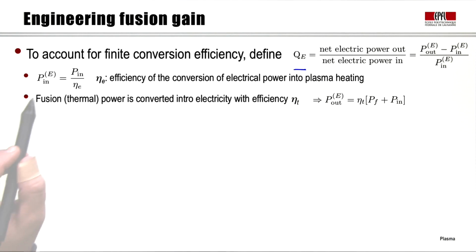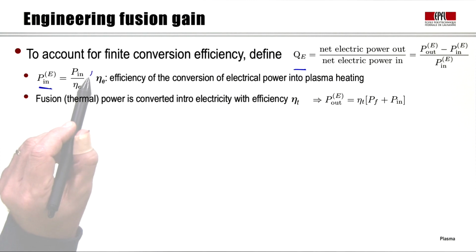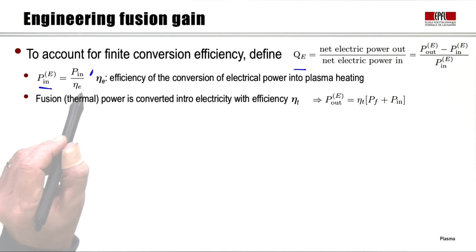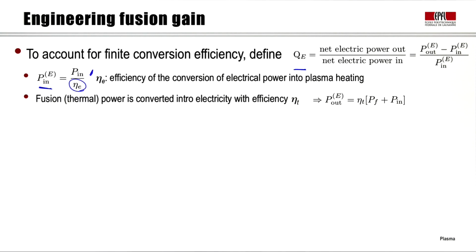Now the P in engineering terms corresponds to the power that goes in the plasma divided by the efficiency, which we call eta E, or the conversion of the electrical power into the plasma heating.